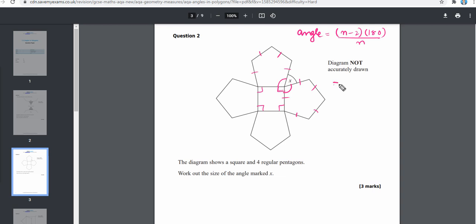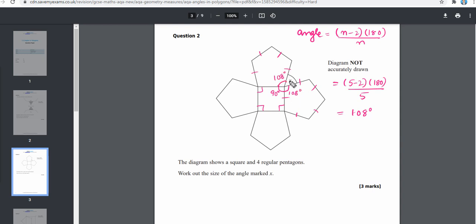So my angle will be equal to (5 minus 2) times 180 divided by 5. Once I solve it, I'll get 108 degrees as the answer, which means that this angle will be equal to 108 degrees, this angle will be equal to 90 degrees, and this angle will also be equal to 108 degrees. Now we have to work out the value of X.